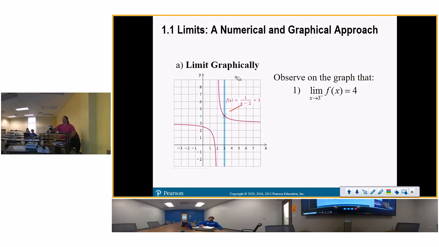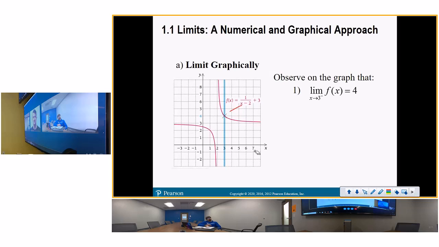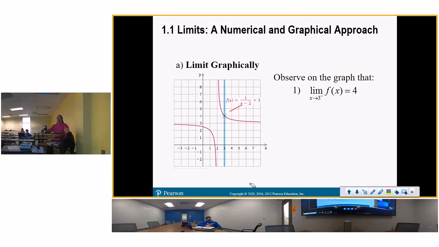Vertical asymptote at 2, horizontal asymptote at 3. Now, what is the limit as x approaches 3? 4. What is the limit as x approaches negative 3? Maybe 2.98, 2.9, somewhere. What is the limit as x approaches 7? 3.1. Now, I could ask you questions like that, but what about when x approaches 2? The limit does not exist.